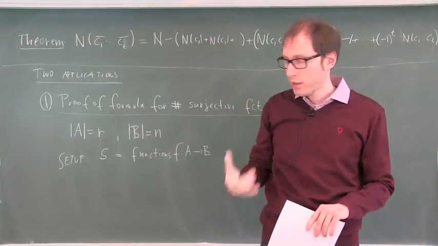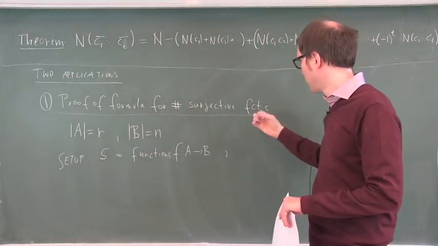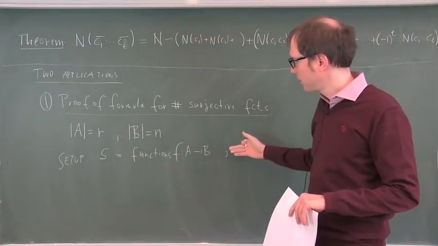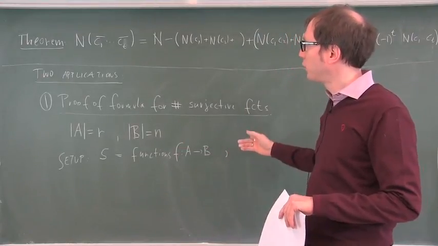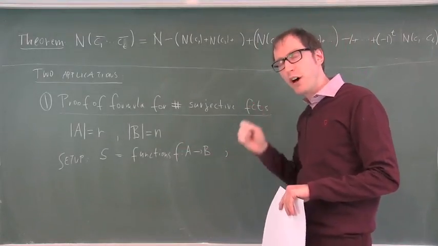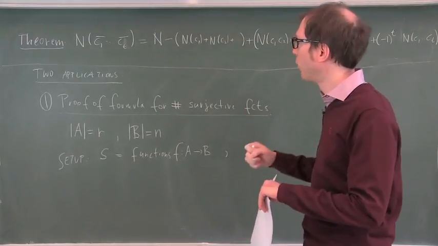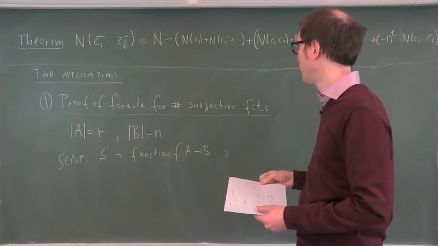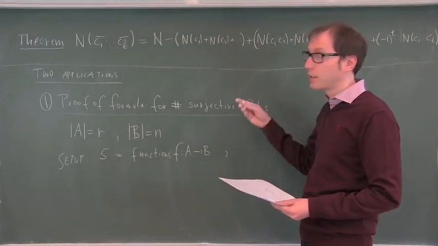Meaning, you want to express the surjective functions as the functions that do not satisfy conditions C1 up to Ct. So what could these conditions be? What could T be?